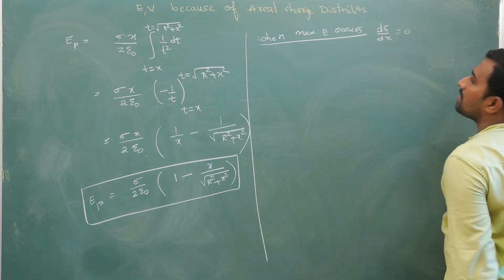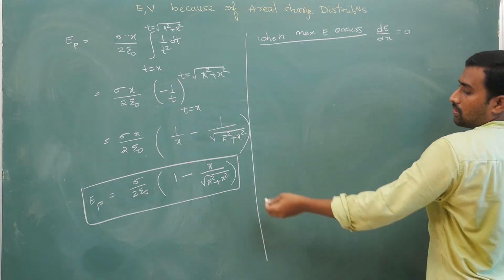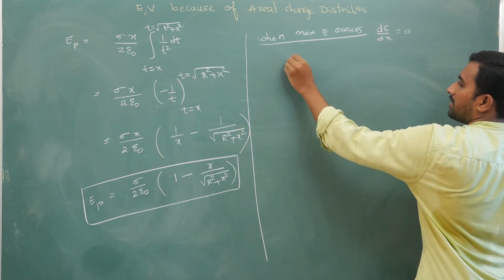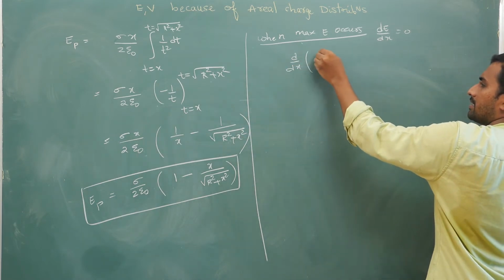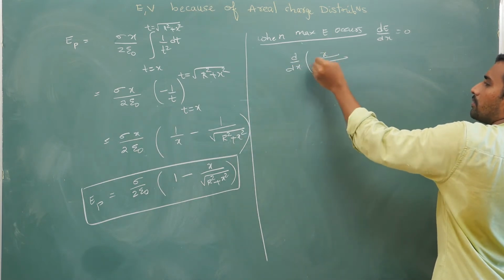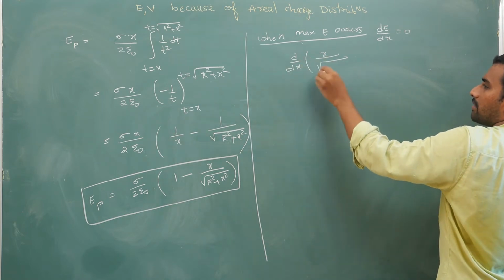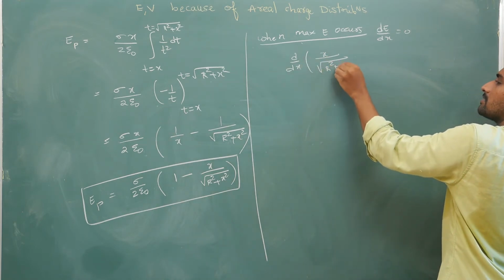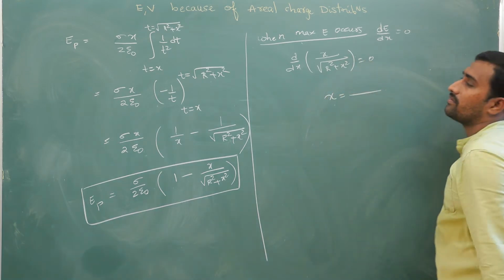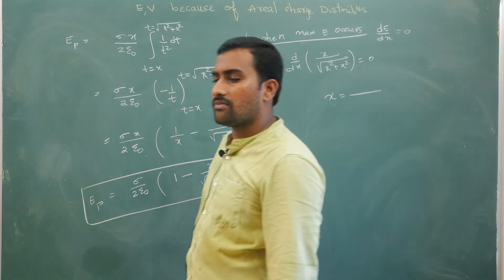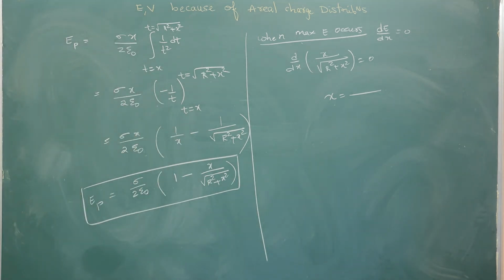So substitute that condition. Because the remaining terms are constants, you are going to get d by dx of x by under root r square plus x square is equal to 0. Accordingly calculate the value of x where the maximum value of field occurs for a disk of charge sigma.